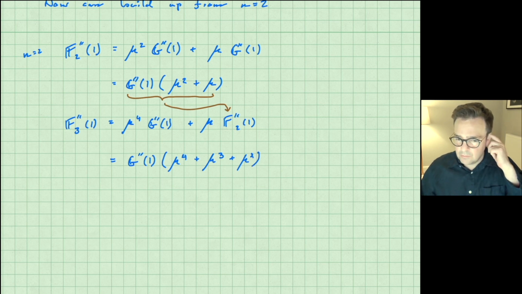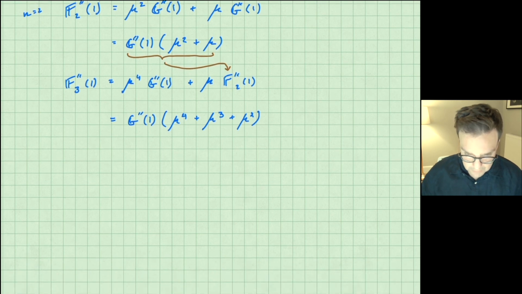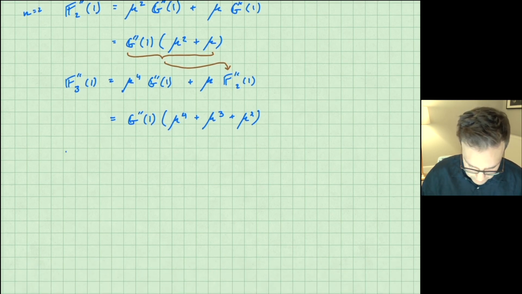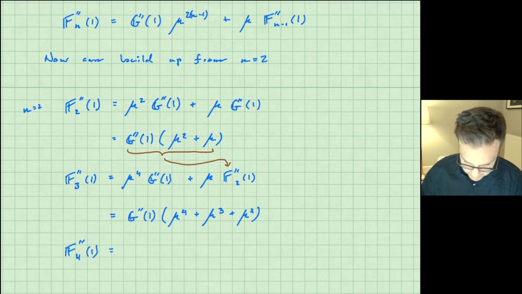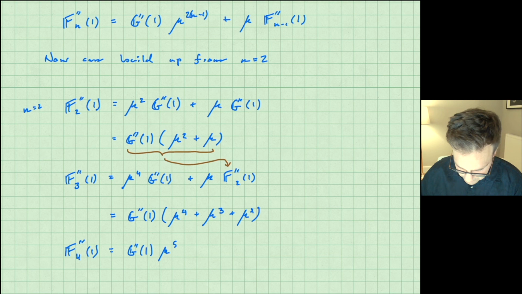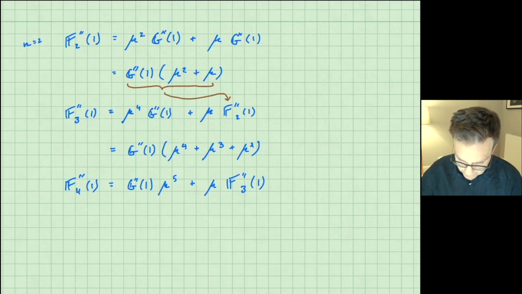All right, and now we're just going to repeat this over and over again. Let's do one more. Why not? It's always enjoyable to do something where you don't expect troubles. Maybe it is, maybe it isn't. So for n equals 4, we go back up here and say, okay, that's g double prime of 1 times mu to the 5th plus mu times the previous result, and we're going to substitute that in again.